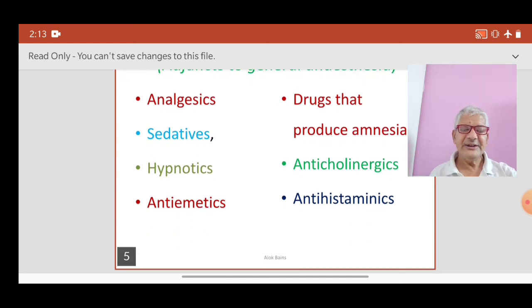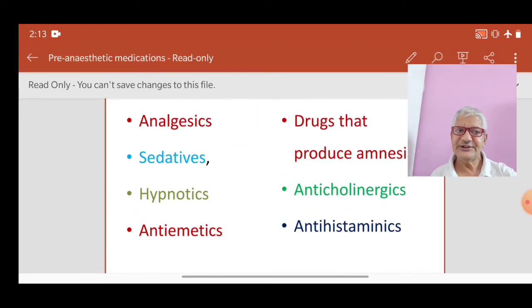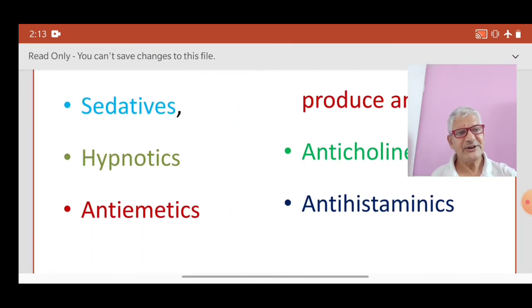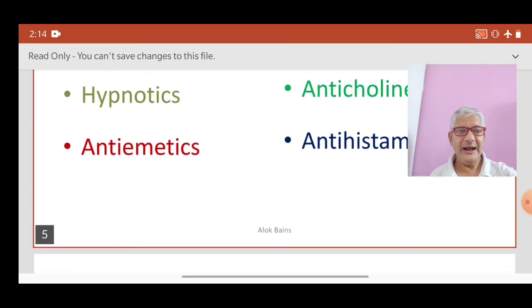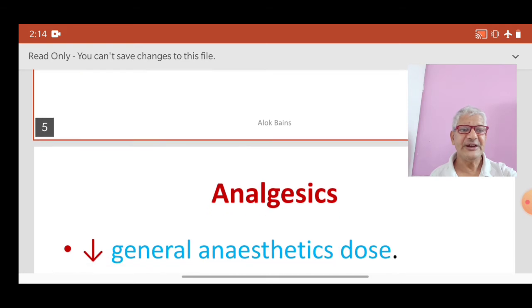These drugs help to control different physiological changes in the body just before surgery, during surgery, and after surgery, means after completion of the surgical procedure.